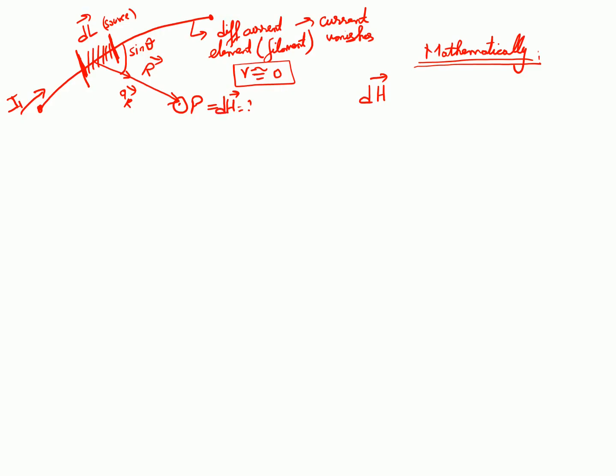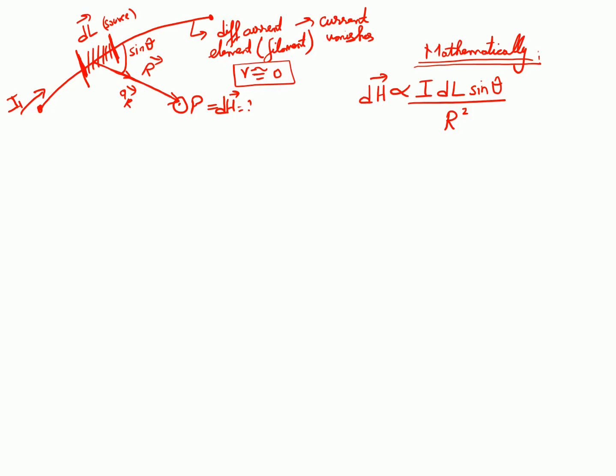So the magnetic field intensity that we want to find at point P is directly proportional to the product of the current flowing in the filament multiplied with the smaller section or vector length dL, which is as a source, multiplied with the sine of the angle, sine theta, made by the imaginary line drawn perpendicular from the filament towards the point P, having an inverse square distance relationship, which is going to be R squared.